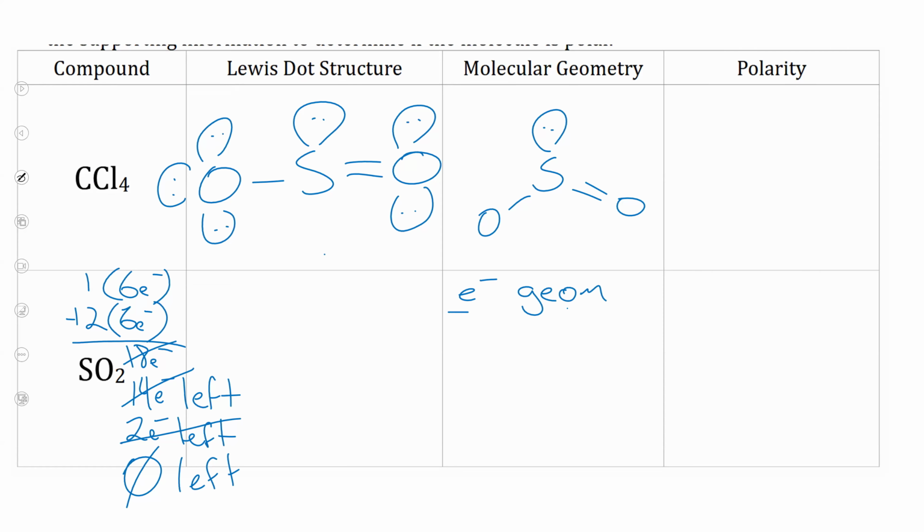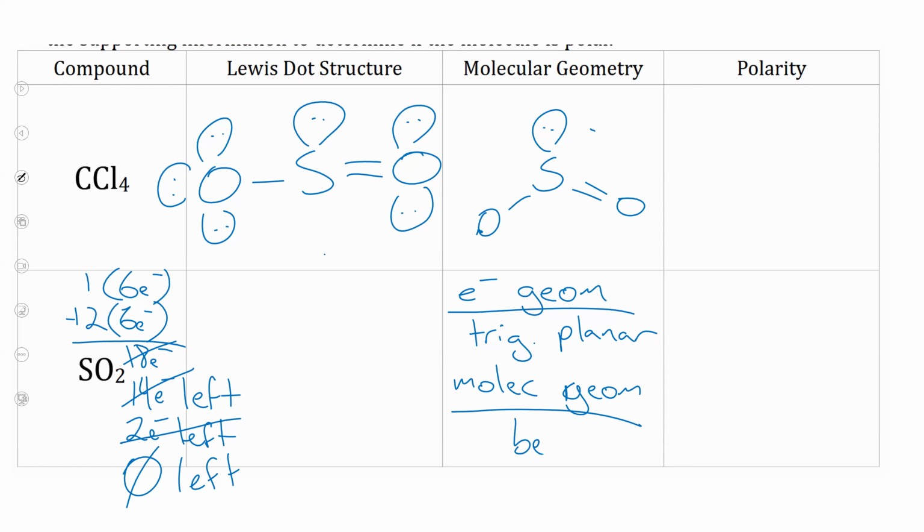But if we're showing all of our work, say the electron geometry is trigonal planar, and the molecular geometry, we just can't see this. It's still there taking up space, but we can't see it. So it's bent.